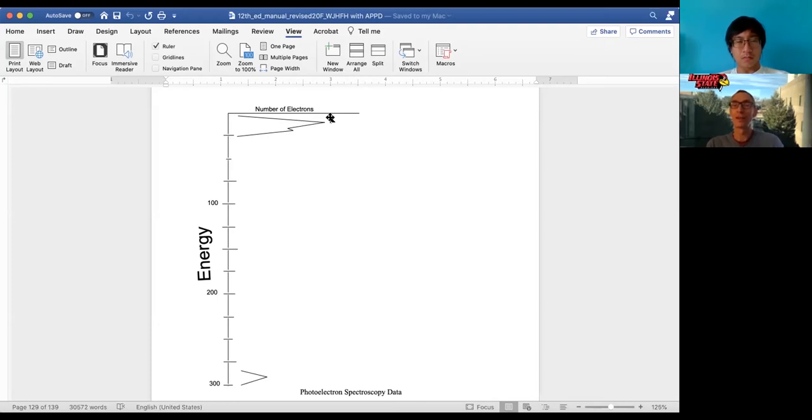So if we think about the energy level diagram for carbon, 2 electrons in the 1s, 2 electrons in the 2s, and 2 electrons in the 2p, somehow we go from having some electrons in the 2s and some in the 2p to having 8 electrons that are all essentially the same.